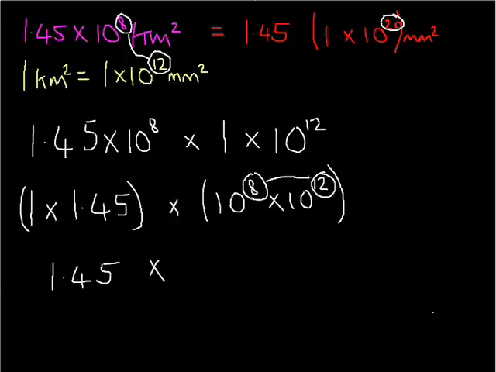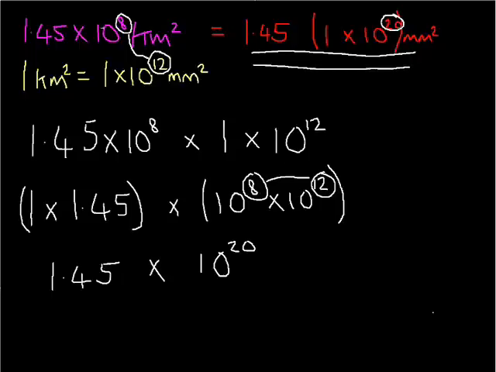So then we have 10 to the 20, which is what we got up here. So all I did is I skipped out that middle step, which involves rearranging the equation and fiddling about, so you could actually see how it works. It's exactly the same thing. If you're converting like this, all you need to do is add those two together and it'll give you the 20. Simple as that.